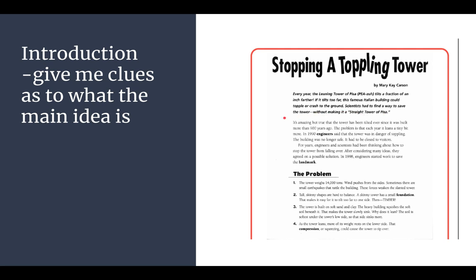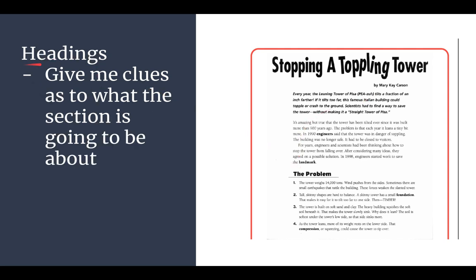So I know from my introduction that my main idea is going to be that the Leaning Tower of Pisa is a tilting Italian building, and the scientists had to find a way to save it so that it could still stay tilted and not straight. So that's what my main idea is going to be, the Leaning Tower of Pisa.